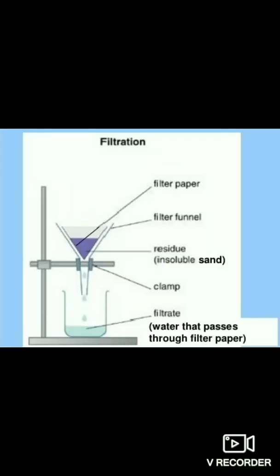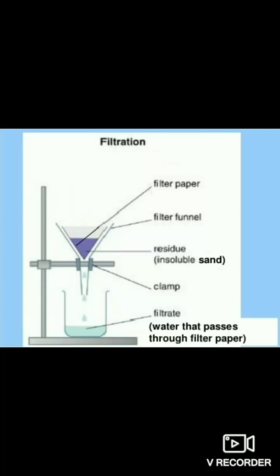The next process is the separation of a mixture of chalk powder and water by using the filtration process. Here we need a beaker, a piece of filter paper, a funnel, a glass rod, a funnel stand and a mixture of chalk powder and water.